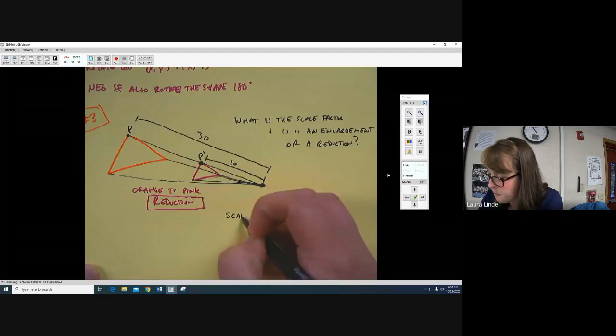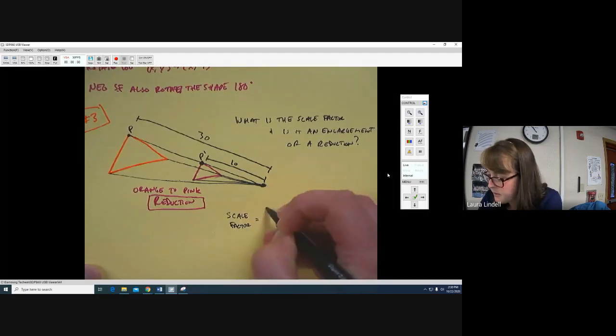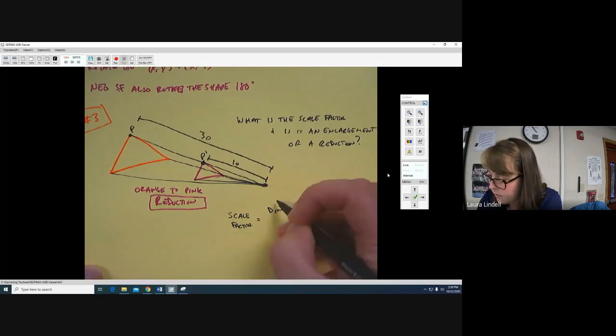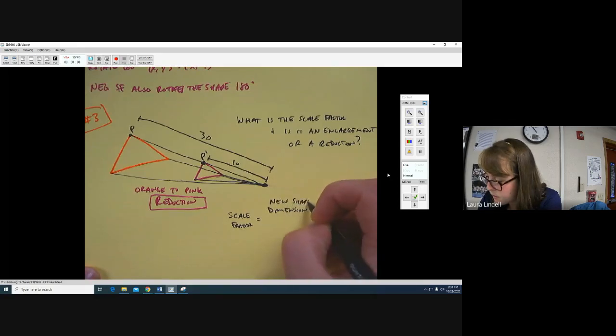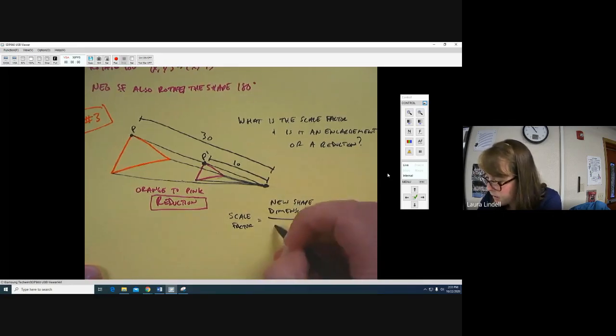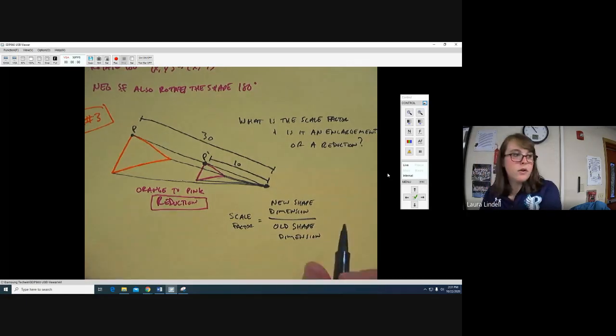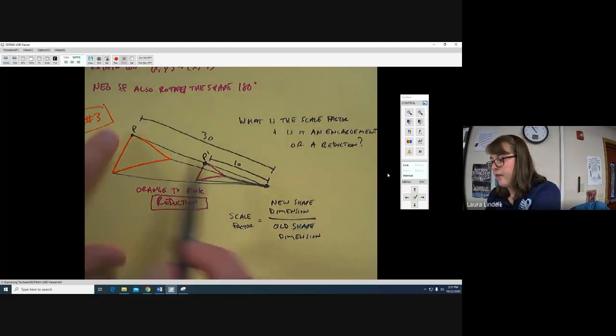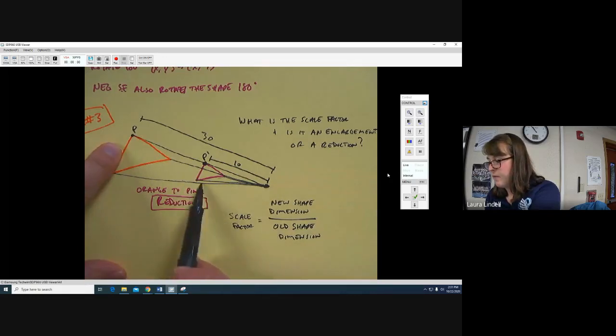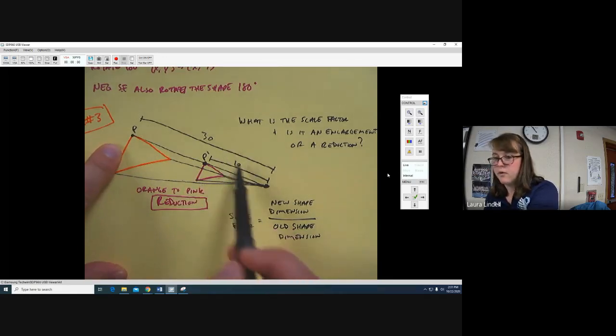Scale factor is a dimension from the new shape divided by a dimension from the old shape. And it has to be two that correspond. It can't be like this one and this one or something. It has to be two that go together.